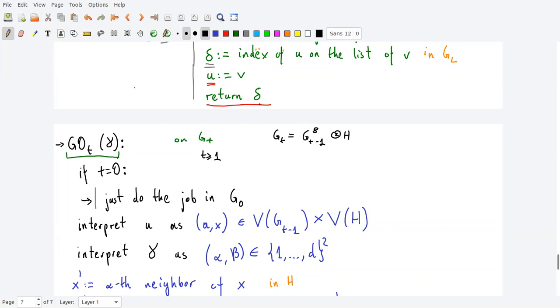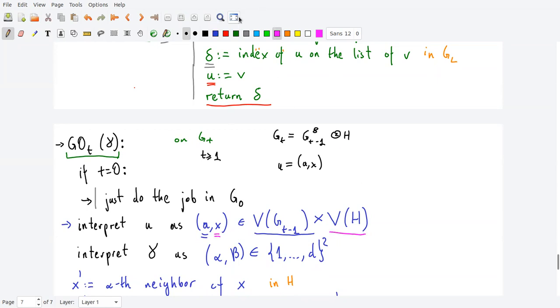First of all, how can we interpret the vertices in GT? A vertex in GT, say U, can be interpreted as a pair a comma x, where a is a vertex of GT minus 1 and x is a vertex of H.